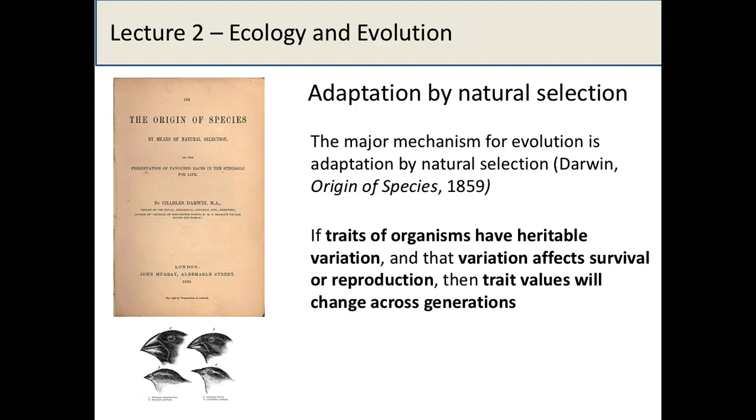That is a key aspect determining whether you're going to survive and be able to reproduce. Provided you have heritable variation and variation that affects survival, you'll get a change in the frequency of specific traits across multiple generations.